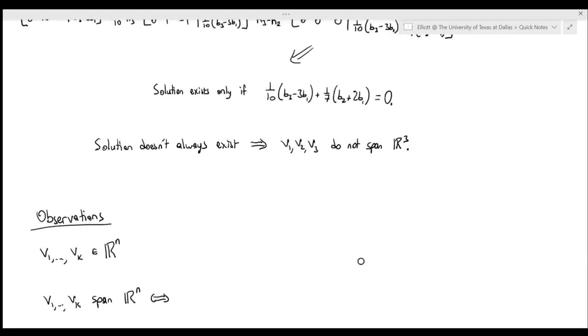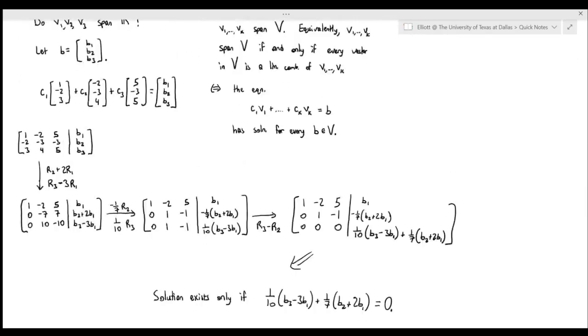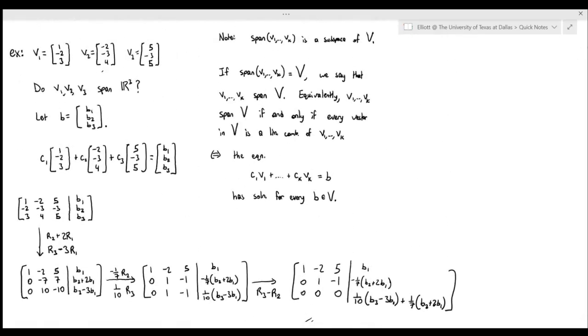okay, let's see how the last example worked. Okay, so it ultimately boiled down to having to solve this system of equations here. It's worth noting that the vectors v1, v2, v3 end up forming the columns of this matrix once we set up the system of equations.